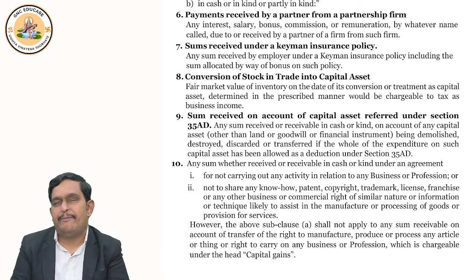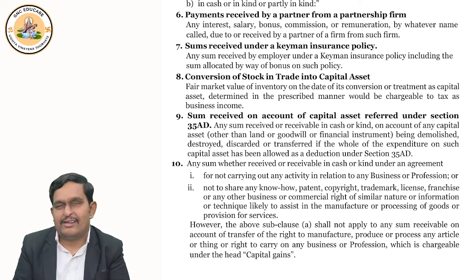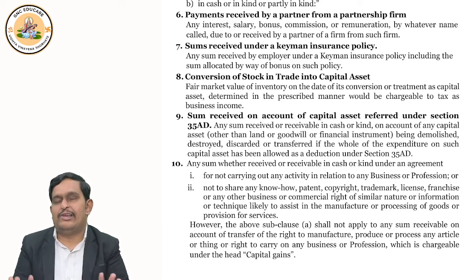That means if you are not competing with the employer, and for that purpose you get some money, that is also taxed under PGBP. But suppose you are transferring the right to manufacture, see, the difference is there. One is not doing anything, sitting idle. You do business, I'll just sit idle, I'll not transfer any rights.